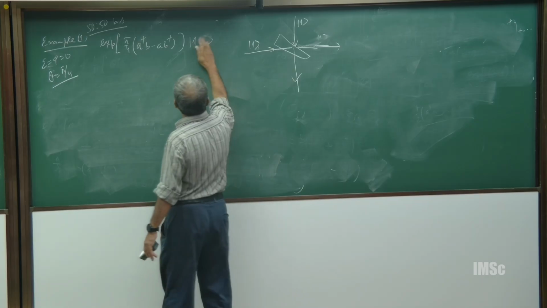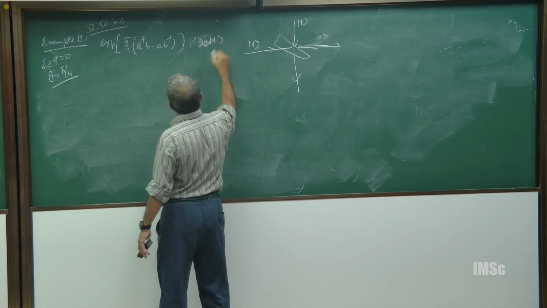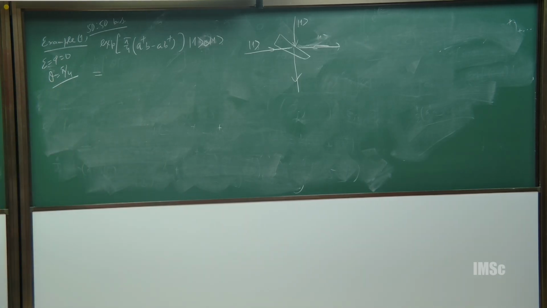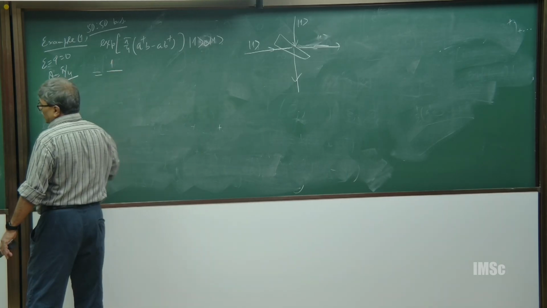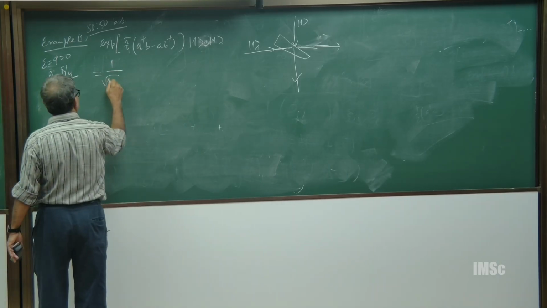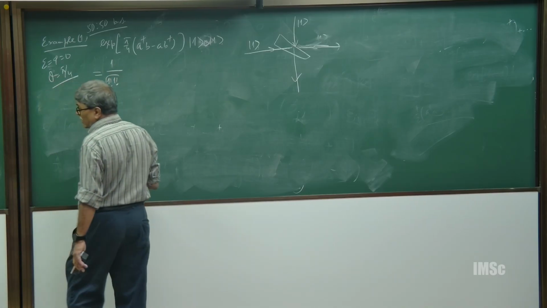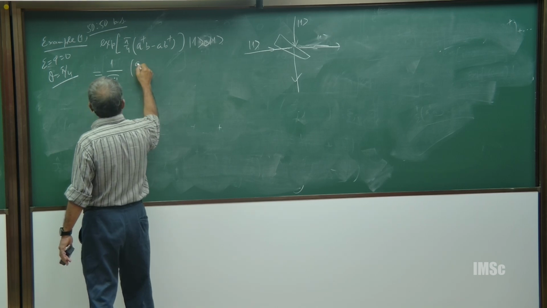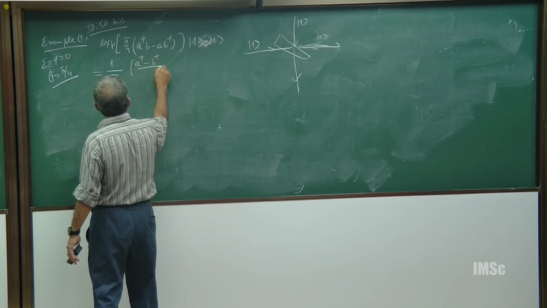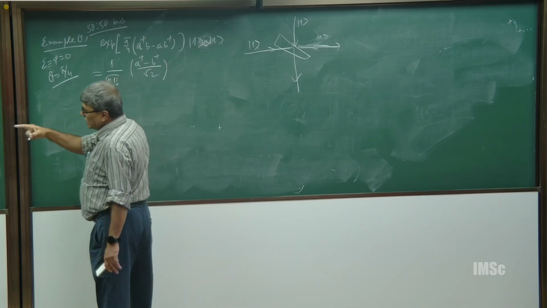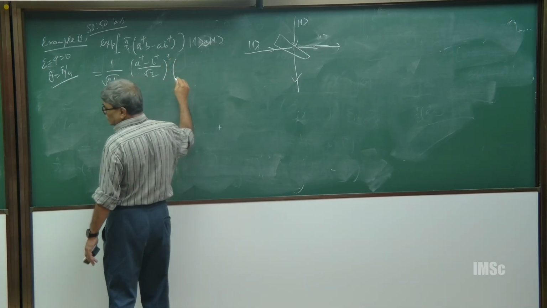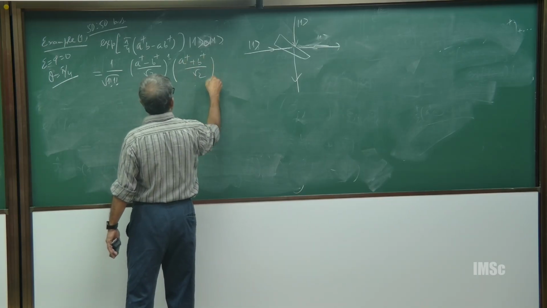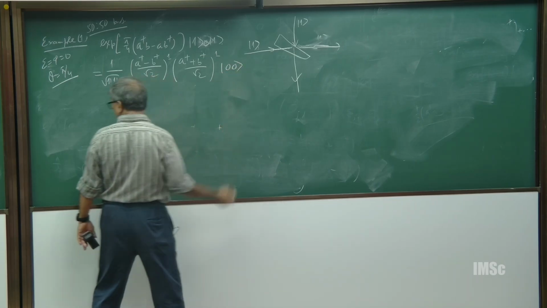According to this formula, this is 1 upon factorial 1 factorial 1, which is essentially 1, and then this is A dagger minus B dagger divided by root 2, whole to the power 1, and then A dagger plus B dagger by root 2, whole to the power 1, acting on 0 0. Is it correct?